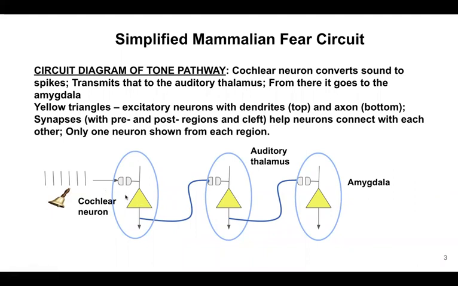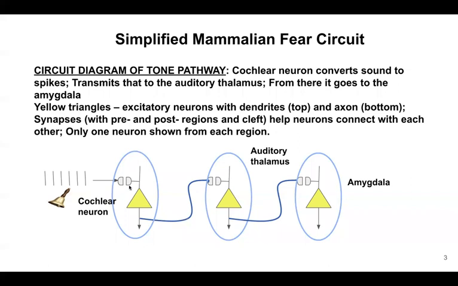Now, a dendrite is the receiver of each cell body, and so it receives the signal from the previous neuron and then goes through the cell body and sends a signal through a structure called an axon.